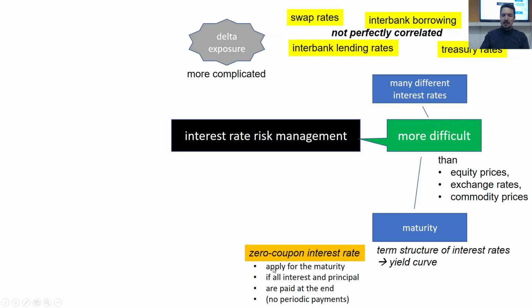So that's why I'm happily using this one. And also what matters here a lot is that there is no periodic payment. So it's recomputed that all the interest and principal is paid at the end. So that's why it's easy to use.